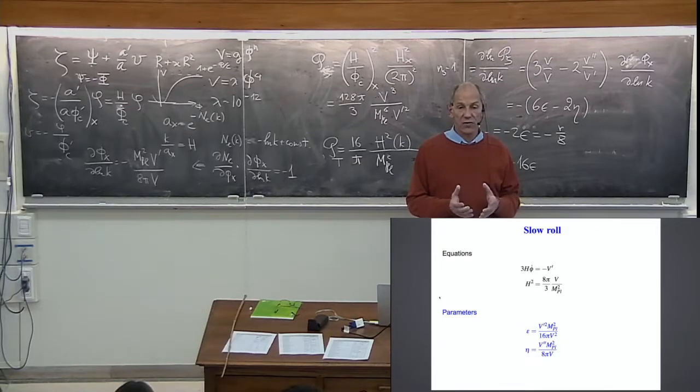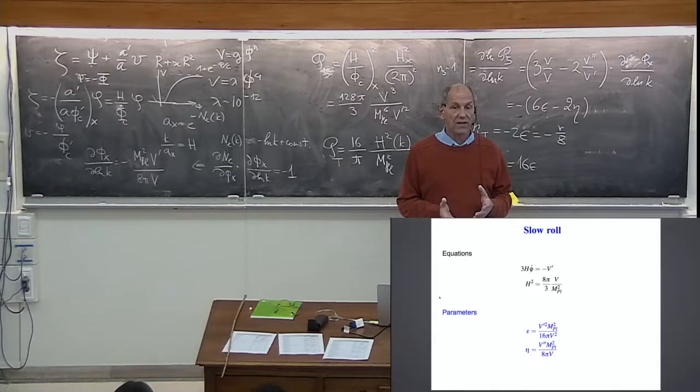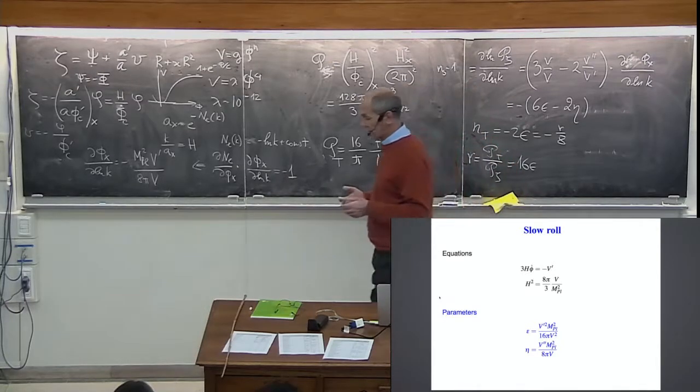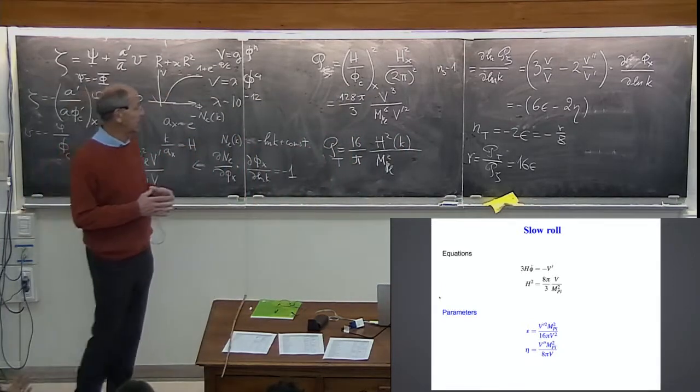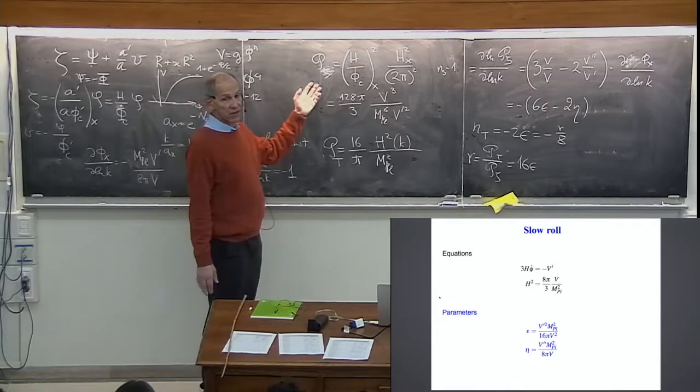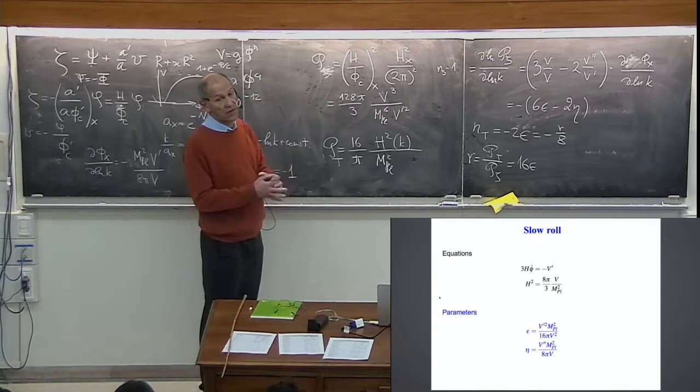Depending on how you stabilize them and at what scale, you have a different picture. For example, if you stabilize the extra dimensions at scales larger than the Hubble parameter at inflation, they basically stay frozen during inflation, and you recover the four-dimensional picture.